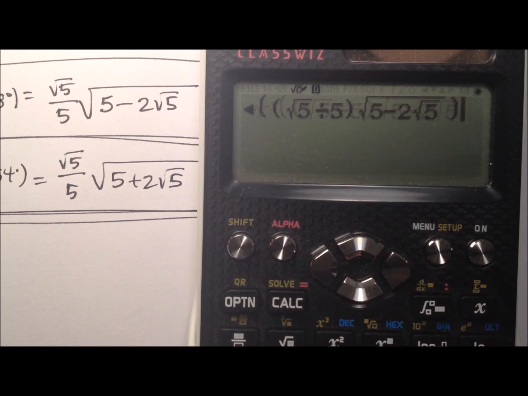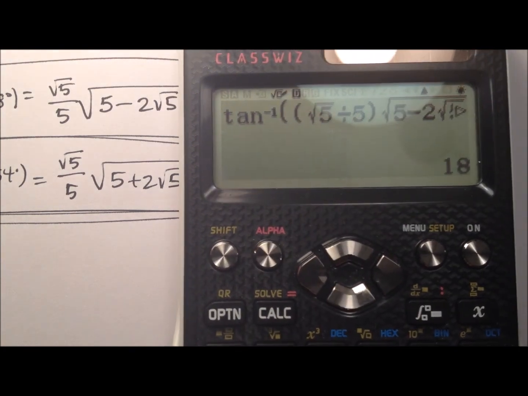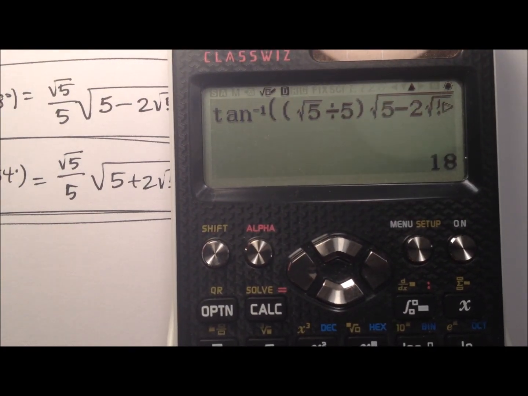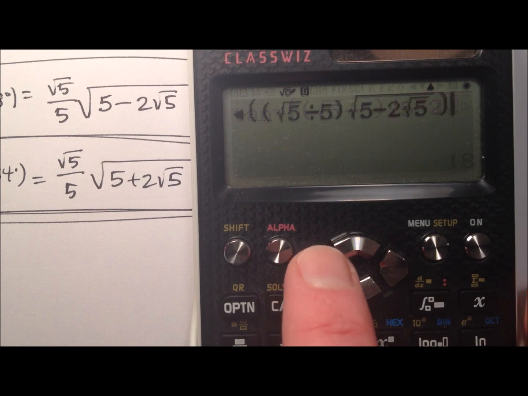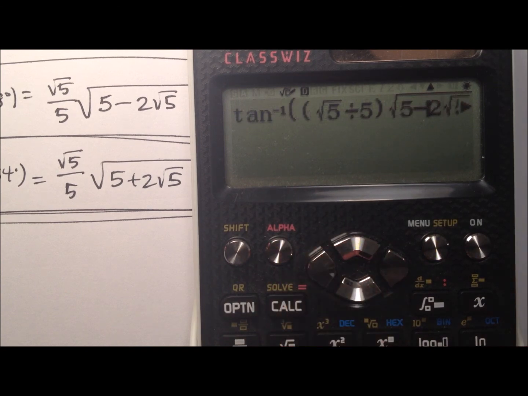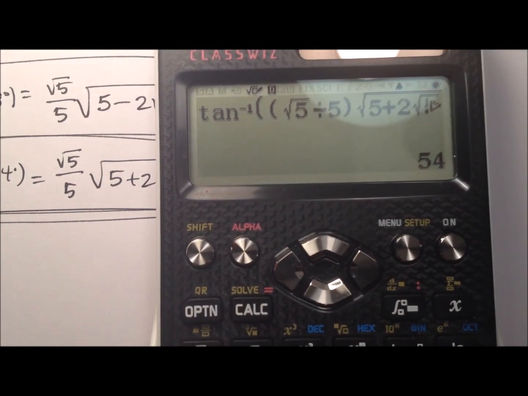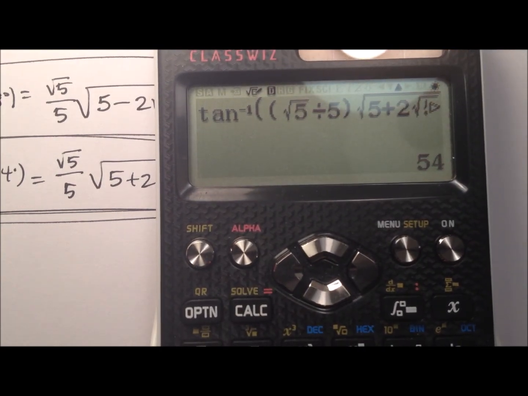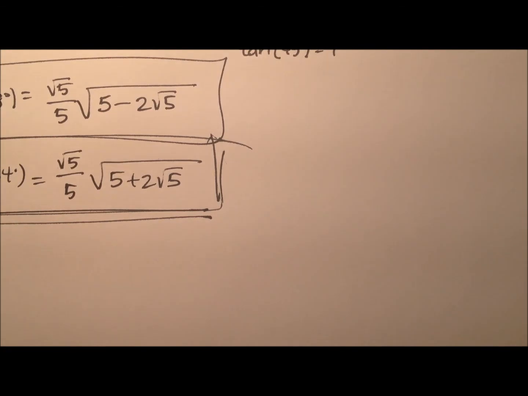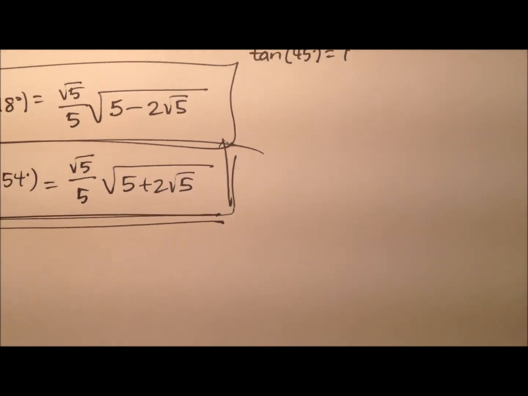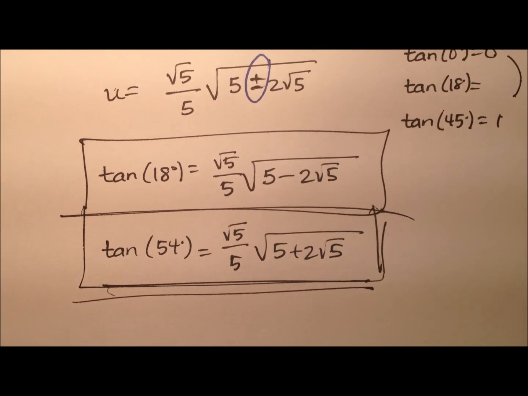So let's close off those parentheses and equals, hey, 18 degrees, yeah. And so if I go up here and change this minus to a plus and do the same thing, yeah, that's where our 54 degrees comes from. So that plus or minus in there actually gave us two separate values for the tangent.